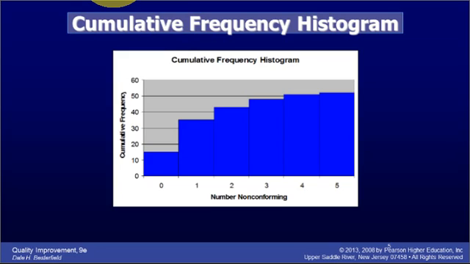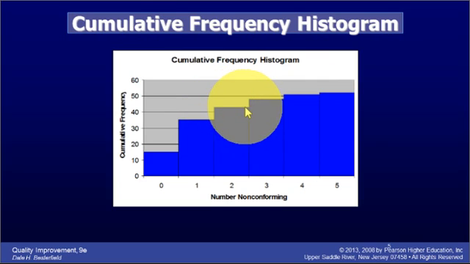Now let's have a look at the cumulative frequency histogram. So the vertical axis stands for the cumulative frequency, and the value of these bars must be ascending from class to class. This is because of the way that we construct it. So for example, there are 43 days with less than or equal to 2 daily billing errors.